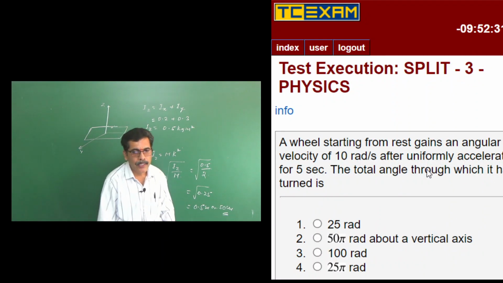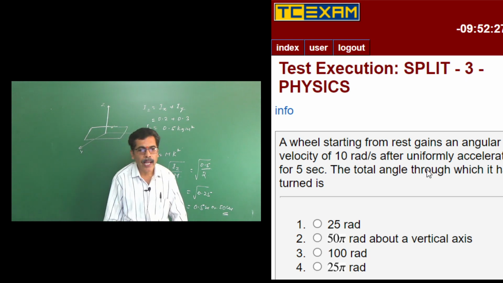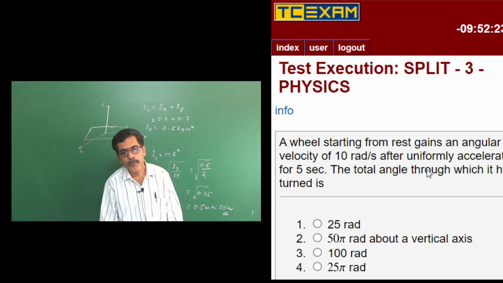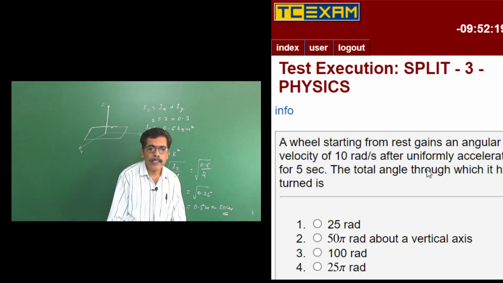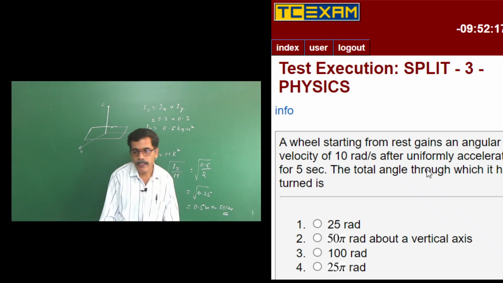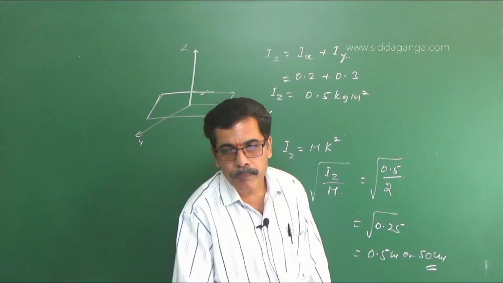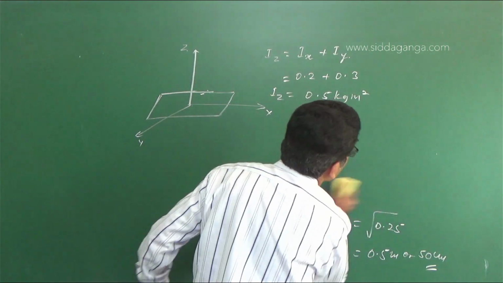A wheel starting from rest gains an angular velocity of 10 radian per second after being uniformly accelerated for 5 seconds. The total angle through which it has turned is... This can be understood by considering angular velocity.